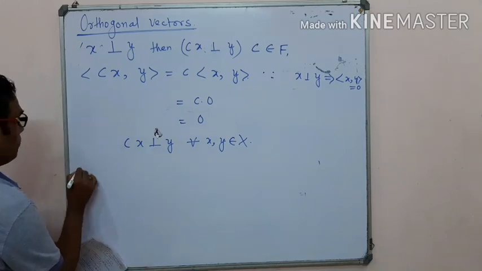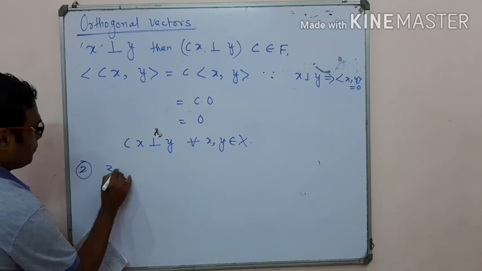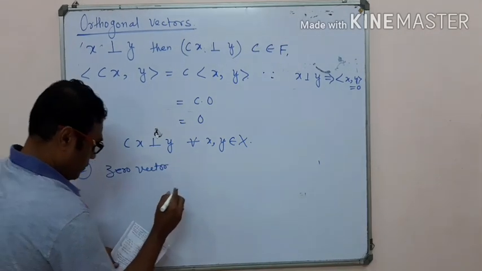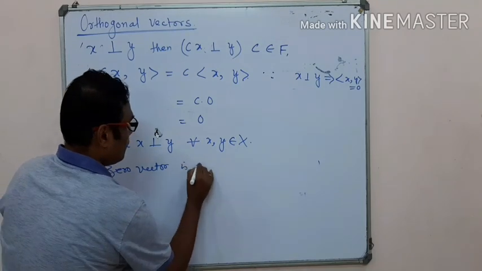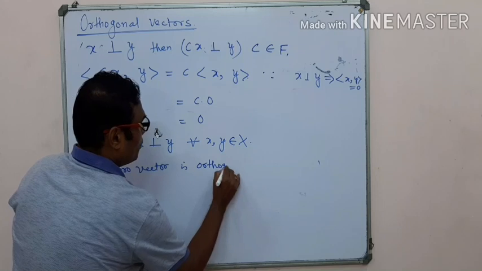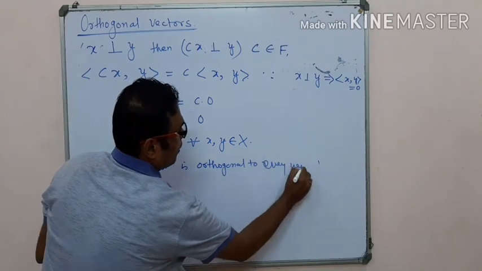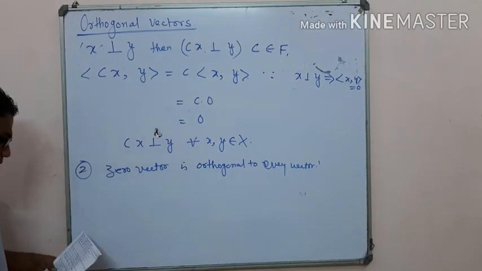Now the second part: the zero vector is orthogonal to every vector. Okay, the zero vector is orthogonal to every vector.